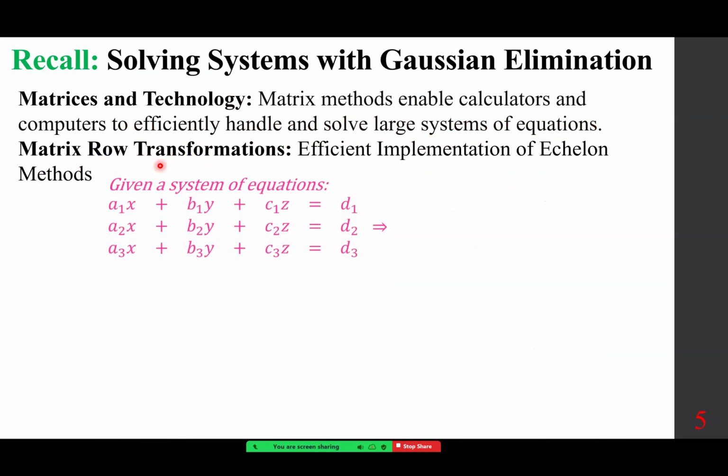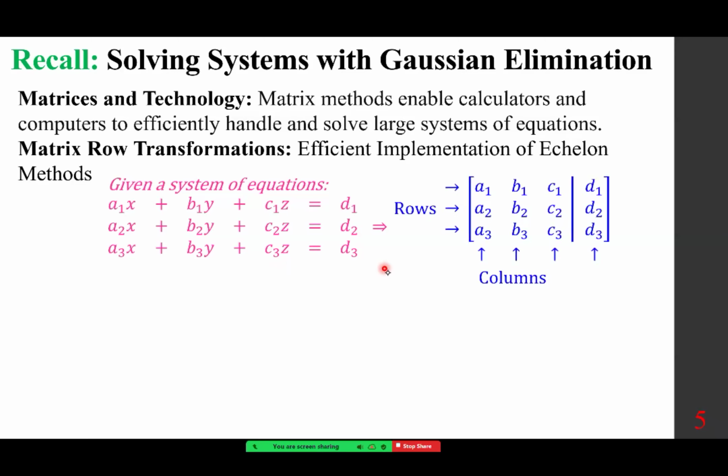Given a system of equations, a sub 1 x plus b sub 1 y plus c sub 1 z equals d sub 1, and the second and third equations, we can write the rows a sub 1, b sub 1, c sub 1, d sub 1, and the second row, the third row. Those are the rows that are the equations. These are the columns.